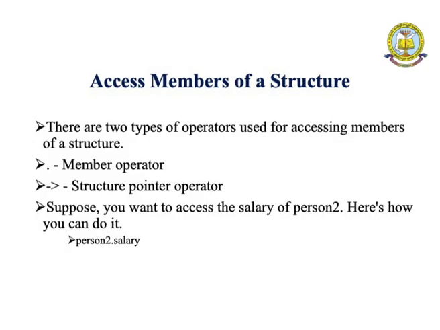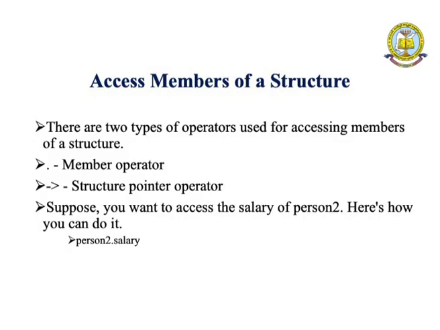Those two operators are the dot operator, that is the member operator, and the arrow operator, that is the structure pointer operator. The dot is used to access members of the structure, and the arrow, that is the pointer operator, is used to access the structure pointers. These two are the operators to access the members of the structure.